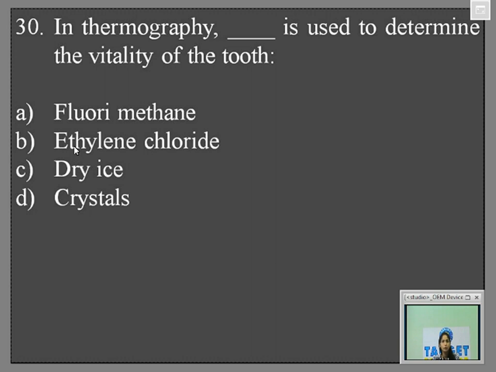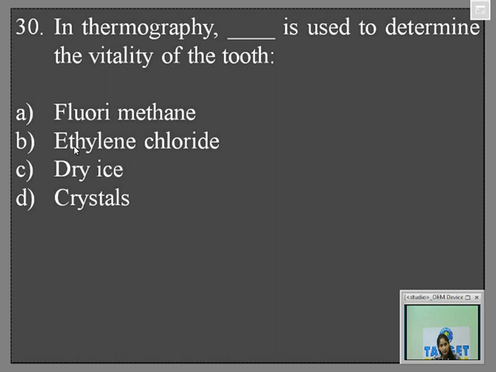Sensibility tests are your thermal test, that is hot and cold test, then your electric pulp tester and your test cavity. I hope you all are writing this down. So what do you mean by sensibility test? That means they will be checking only the neural supply, whether you have an intact neural supply, that is your A delta and C fibers. See, it's very clear. So these tests are not your vitality tests. They are your sensibility tests.